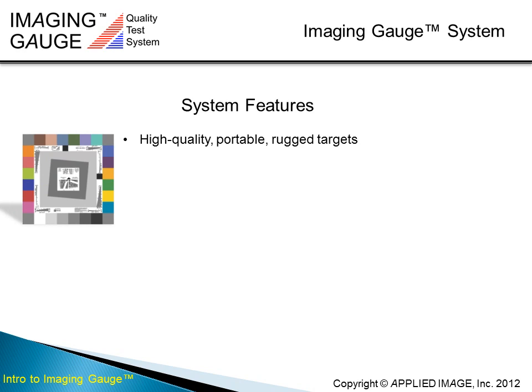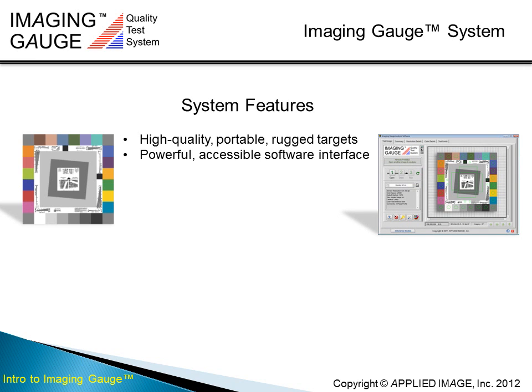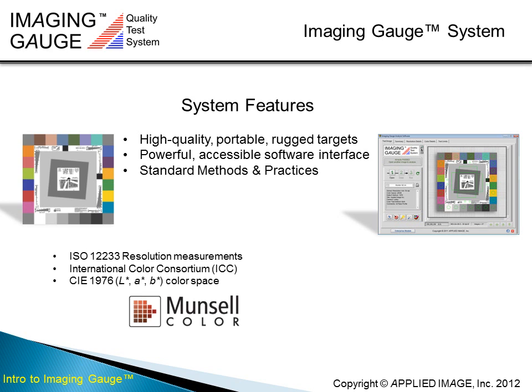The system features of imaging gauge start with the targets, which are high quality, portable, and rugged. The software we've developed to use with those targets is powerful and accessible, easy to use, and uses standard methods and practices such as the ISO 12233 resolution measurement and methods developed at the International Color Consortium, and we use CIE color space.